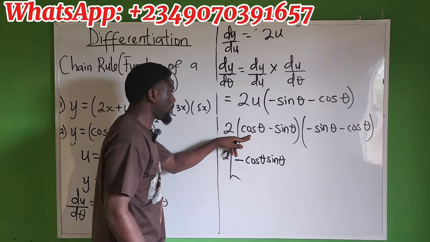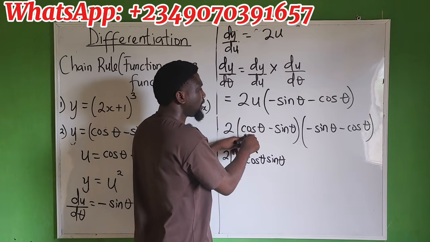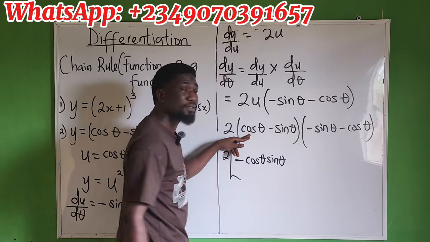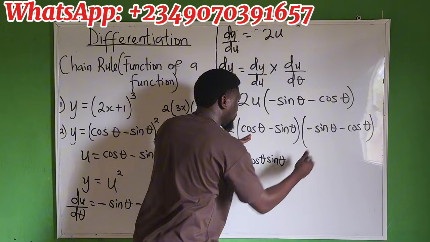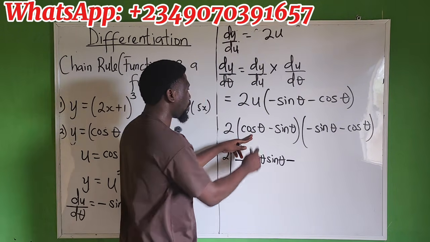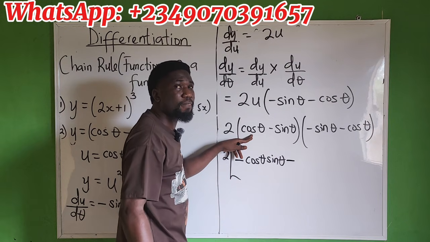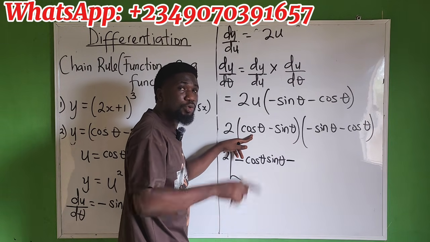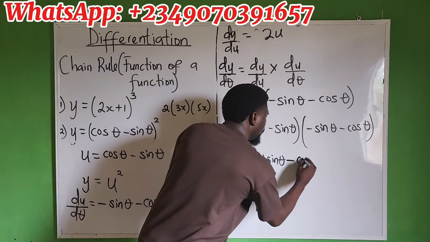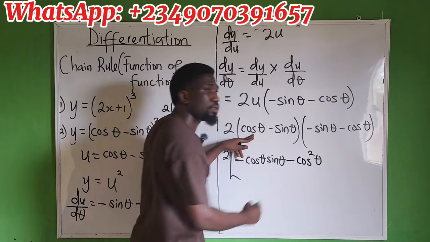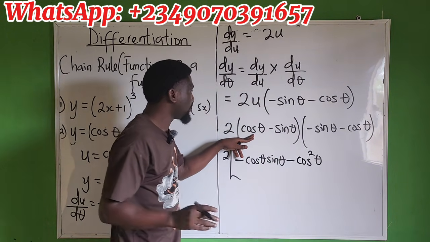Are you getting me? Then cos theta multiplied by minus cos theta. Plus times minus is what? That is minus. Right? So cos theta multiplied by cos theta will now give us cos squared theta, not cos theta squared. So that's cos squared theta. Are you getting it?